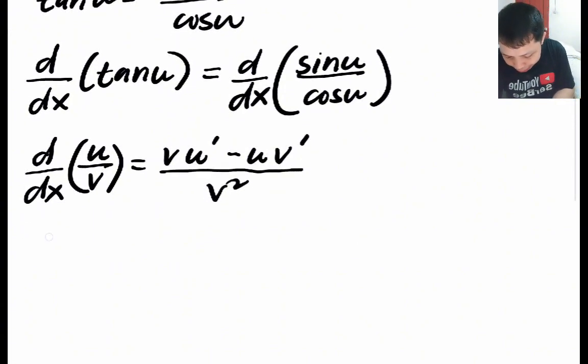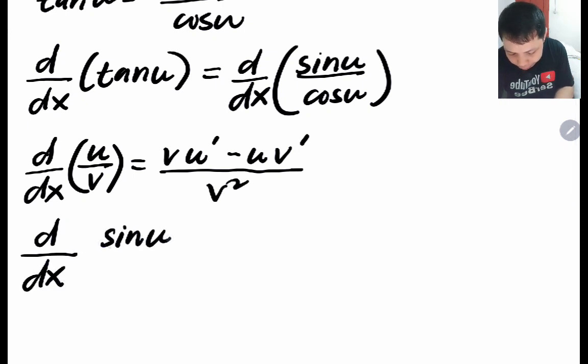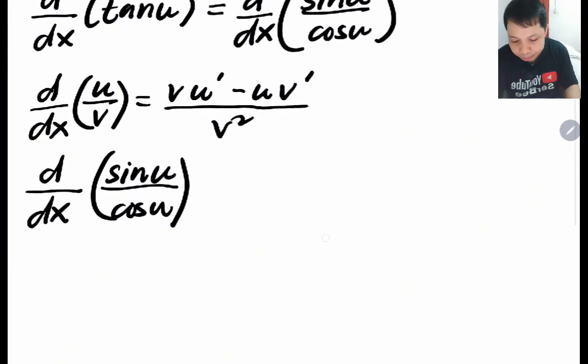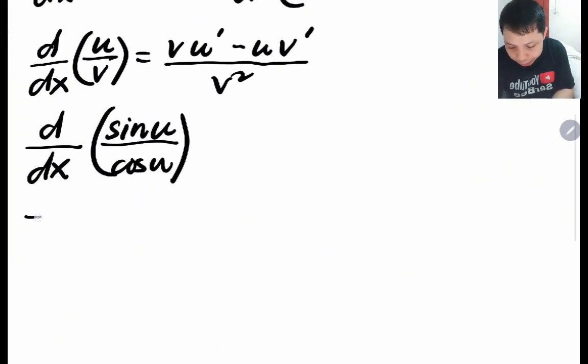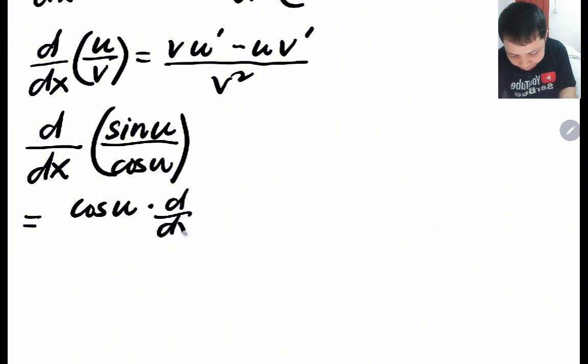So sa madaling salita, ang derivative ng sine over cosine is what? Ito ay equal sa, okay? Denominator muna. So, cosine times derivative ng sine. Okay?